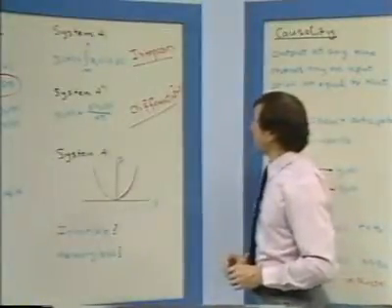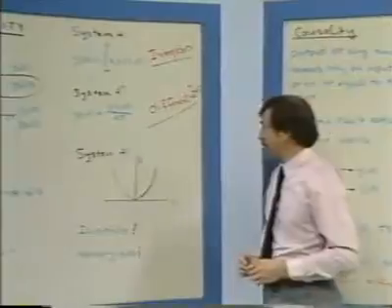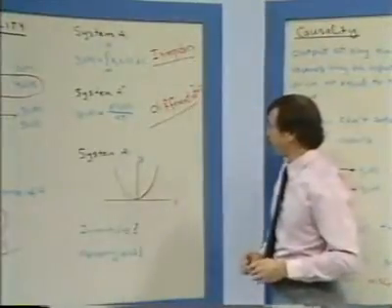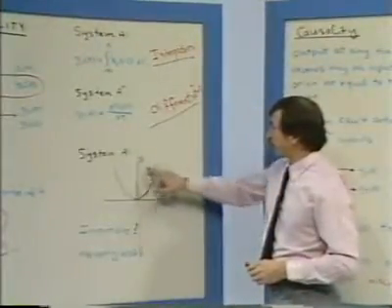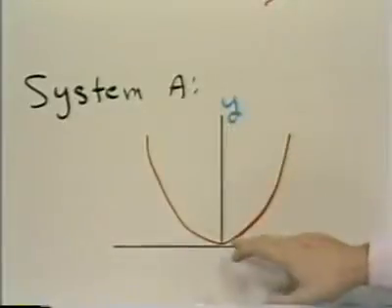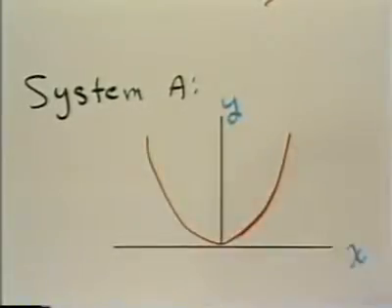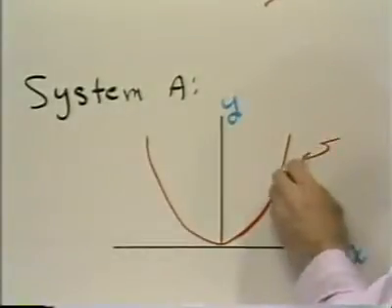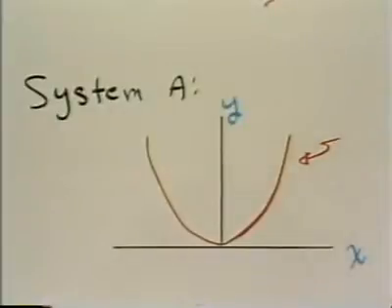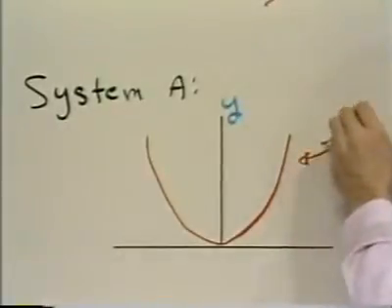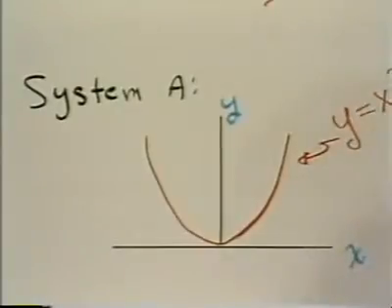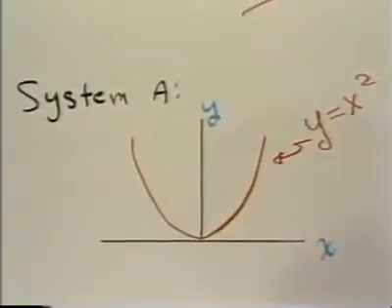Okay, well, let's look at one last system. I've indicated here a system for which the output is related to the input through this curve. And what I mean by this curve, which wasn't done quite as well as I might have, is that the output is equal to the square of the input.